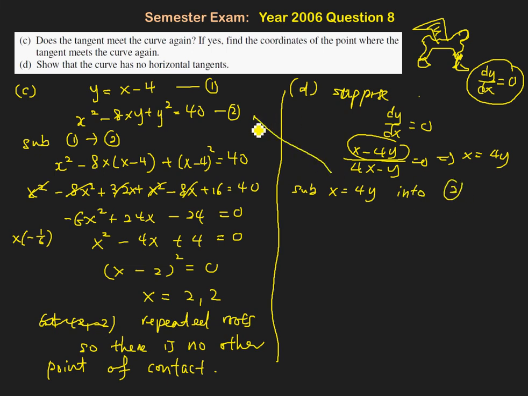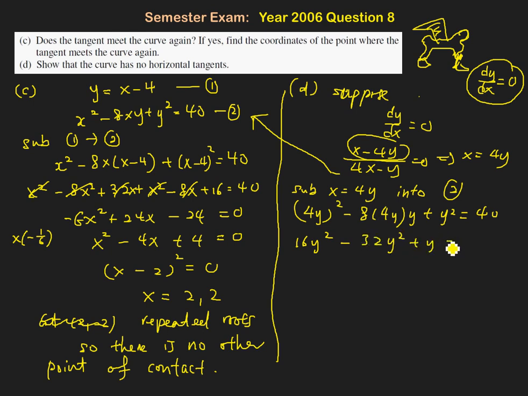So we have (4y) squared minus 8(4y)(y) plus y squared equals 40, and you have 16y squared minus 32y squared plus y squared is equal to 40, and then do the calculation.